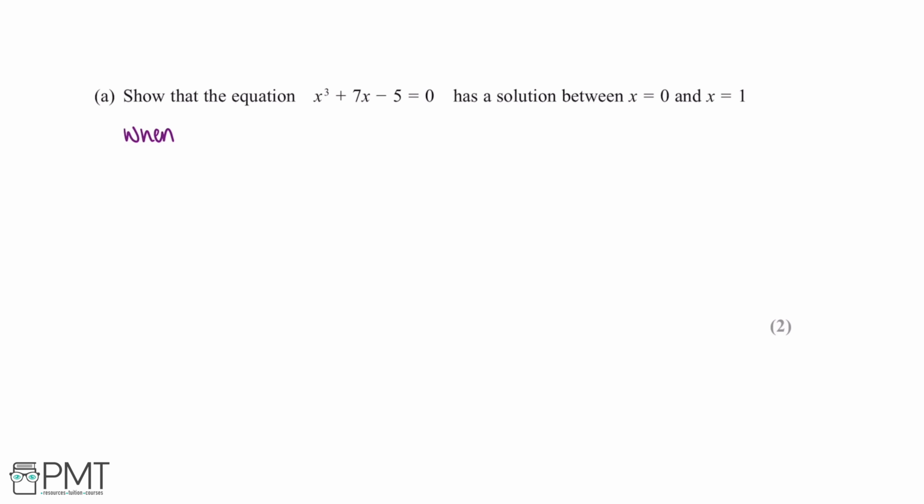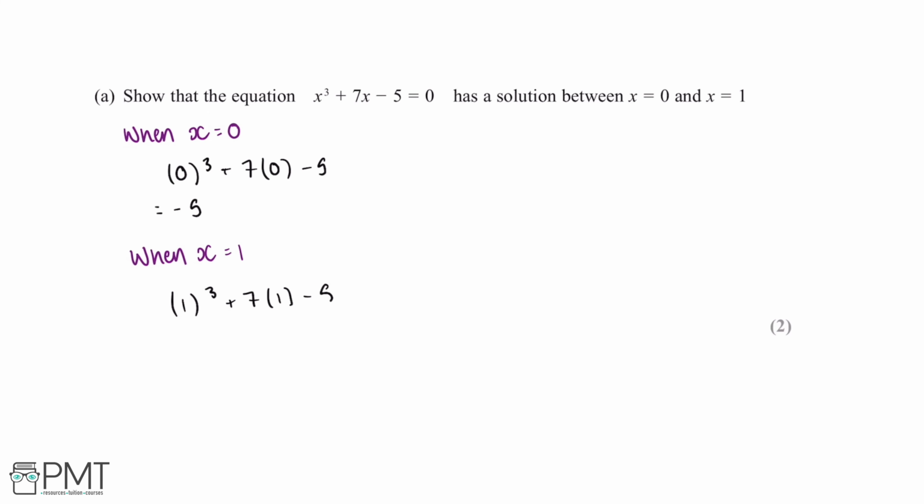If we start off with x equals 0, x cubed plus 7x minus 5 will be equal to 0 cubed plus 7 multiplied by 0 minus 5, which gives us an answer of negative 5. And then when x equals 1, x cubed plus 7x minus 5 is equal to 1 cubed plus 7 multiplied by 1 minus 5, which gives us 3.